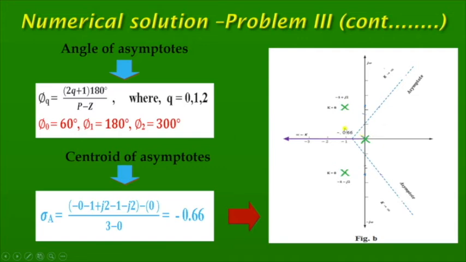Another angle is 180 degree, then draw this other asymptote. And the third asymptote is at angle 300 degree, so draw this third asymptote. These two are obviously symmetrical about the real axis, and these asymptotes always start from the real axis and move to infinity.